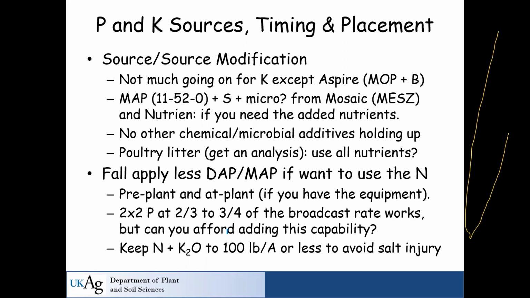Nutrien saw this and decided that the patent that Mosaic was using wasn't a clean patent. So they are now making a product that is analogous to MES. And I suspect it's going to be priced very competitively with MES, which carries quite a premium relative to standard MAP.